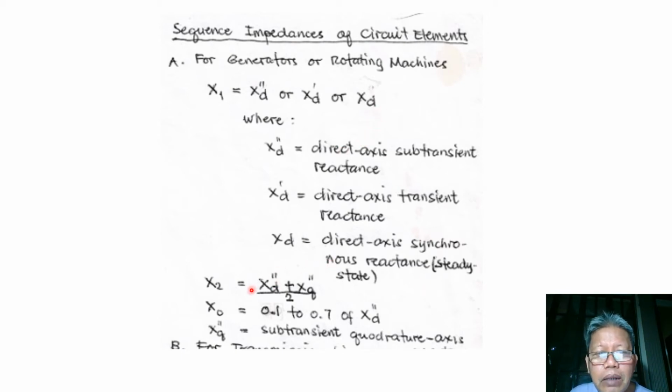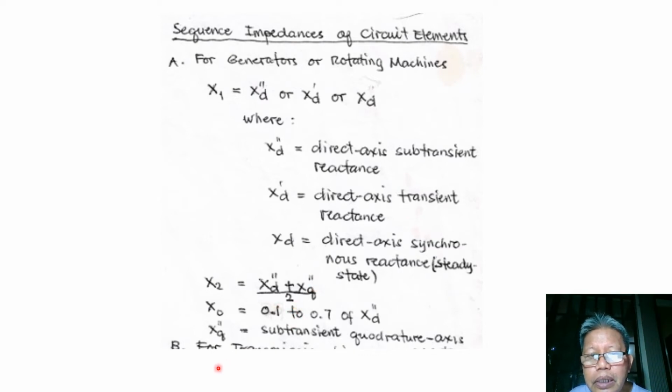Now the negative sequence reactance of our generators or synchronous machines is equal to XD double prime plus the quadrature axis reactance XQ double prime, divided by 2.